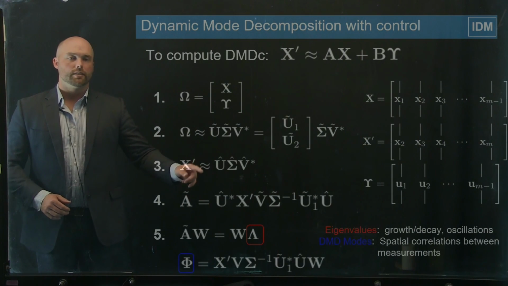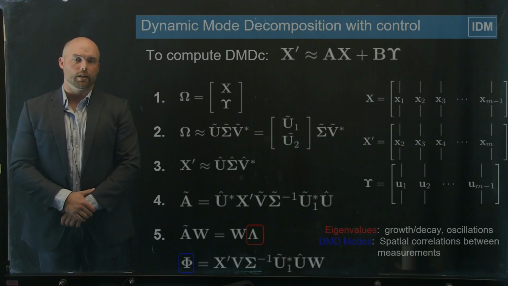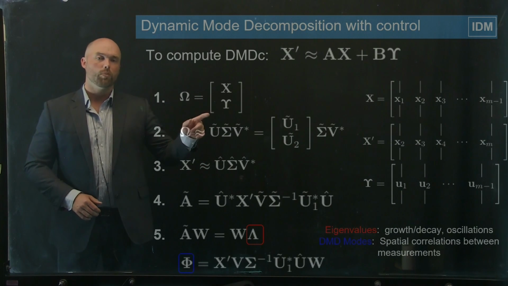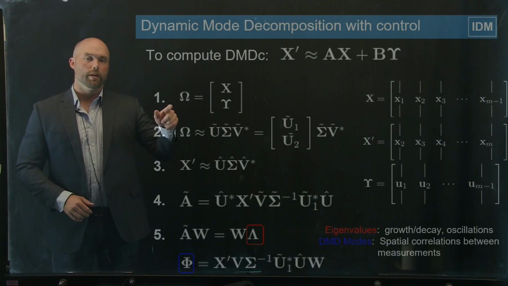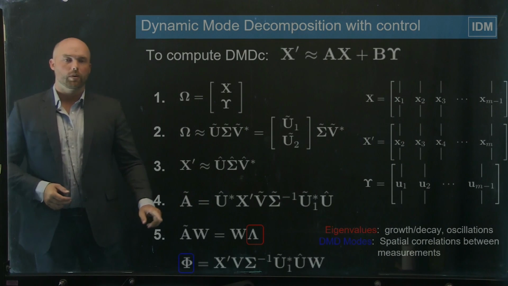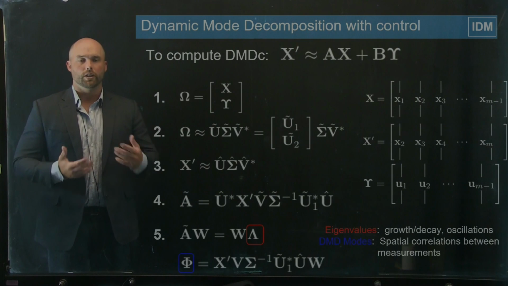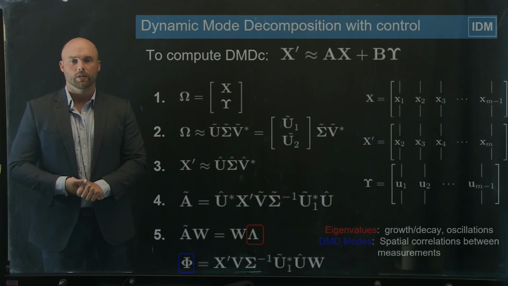But now, and this is different from DMD, we're actually going to take a second singular value decomposition on X prime, because the input space and the output space of X prime and Omega are no longer the same, whereas in DMD they are. So we can find a representation of this operator, A tilde, being actually a low-dimensional representation.